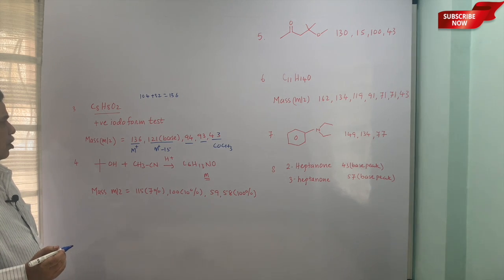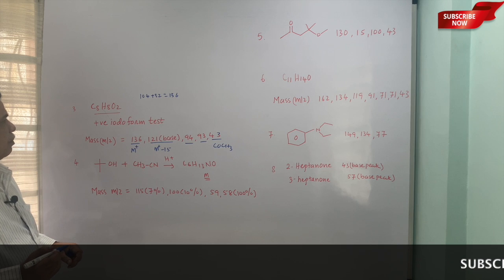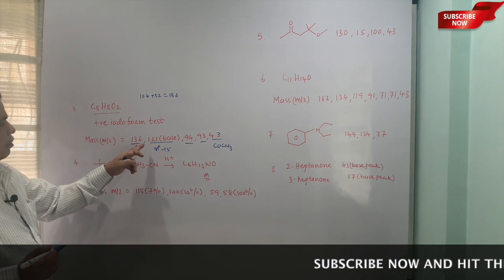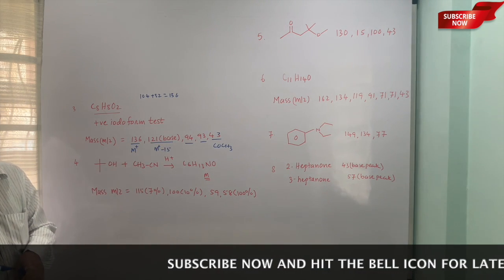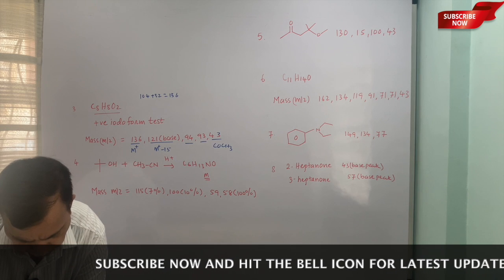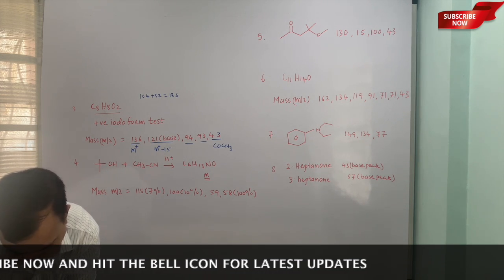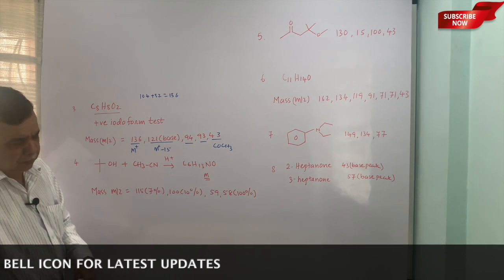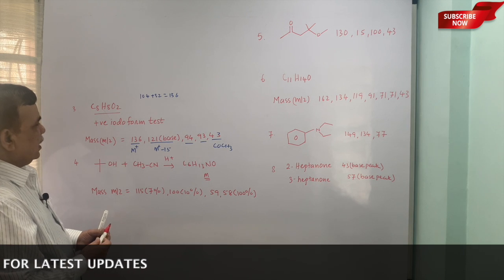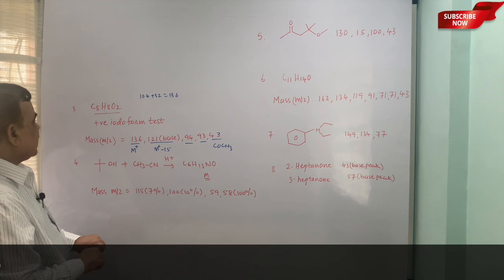C8H8O2, now explain what is 121. Looks like C8. Now positive iodoform test, that is another hint in this case.